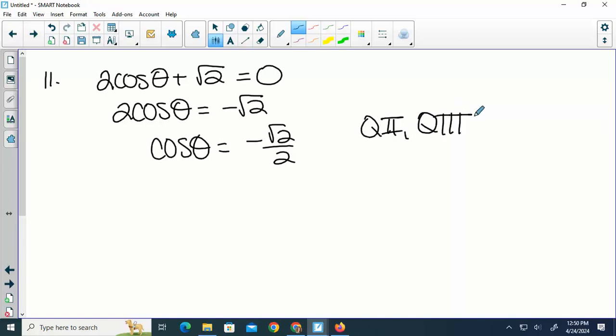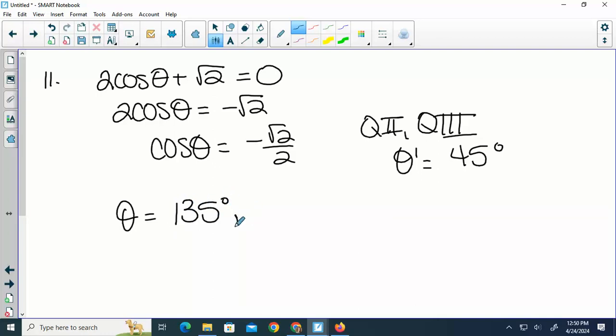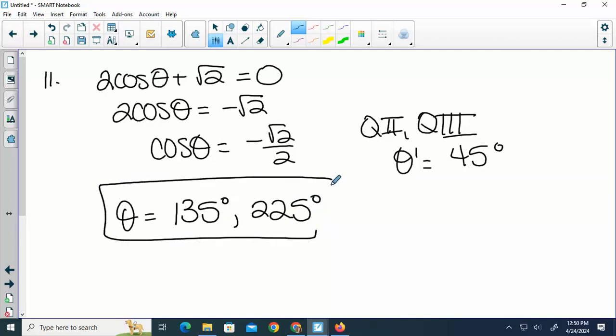So I'll have an answer for each. Reference angle: when is cosine radical 2/2? 45 degrees. So in quadrant 2, 180 minus 45, that's 135. In quadrant 3, 180 plus 45, 225. And that would be our final answer.